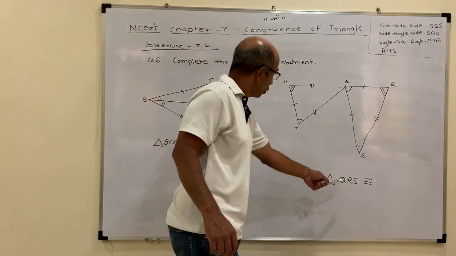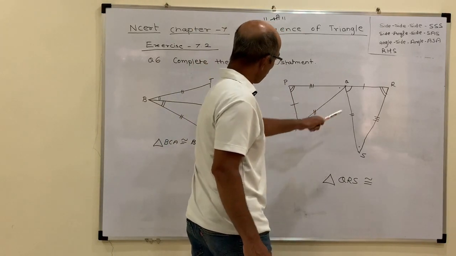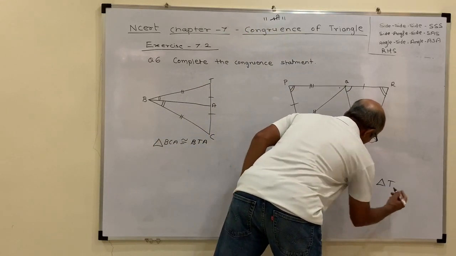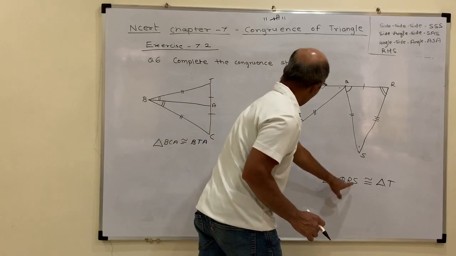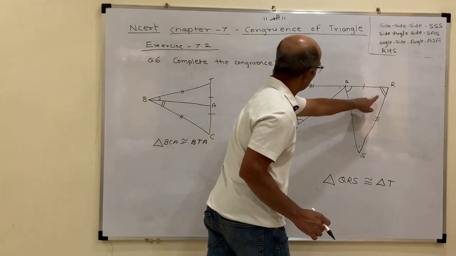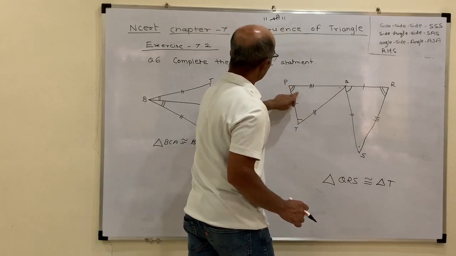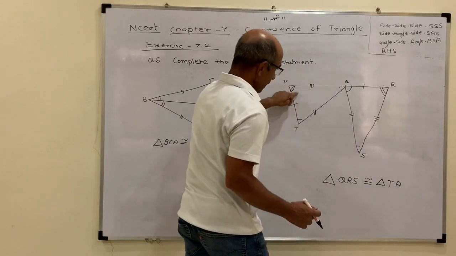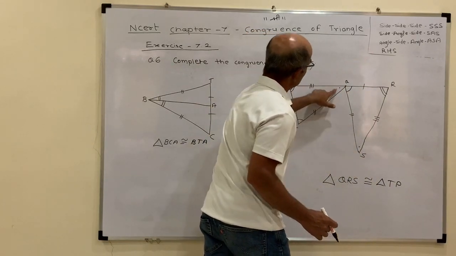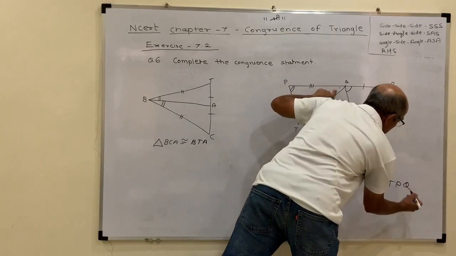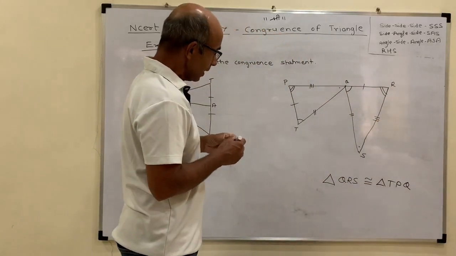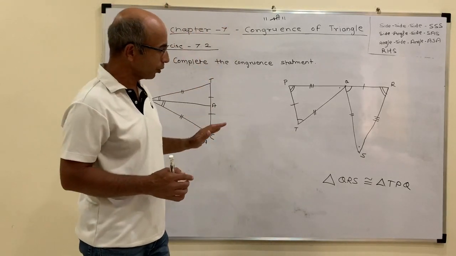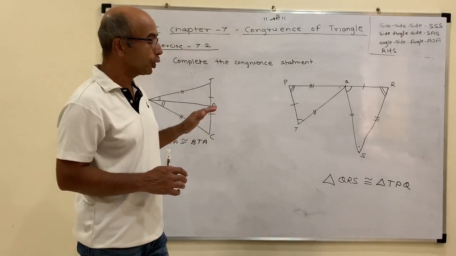Now the angle Q corresponds to the angle T. So we say triangle T. Then the angle R, R is equal to P. So I say P. And then S is Q. So here triangle QRS is congruent to triangle TPQ.